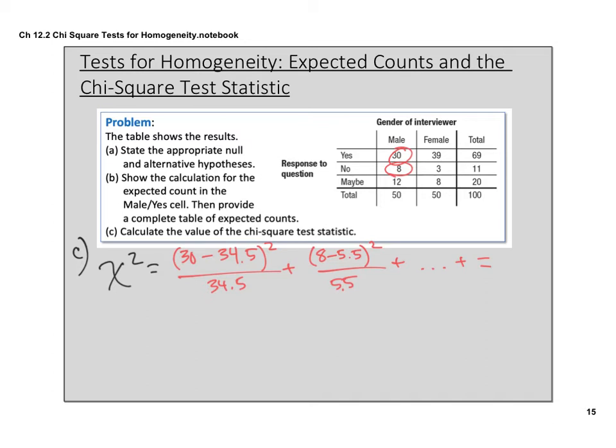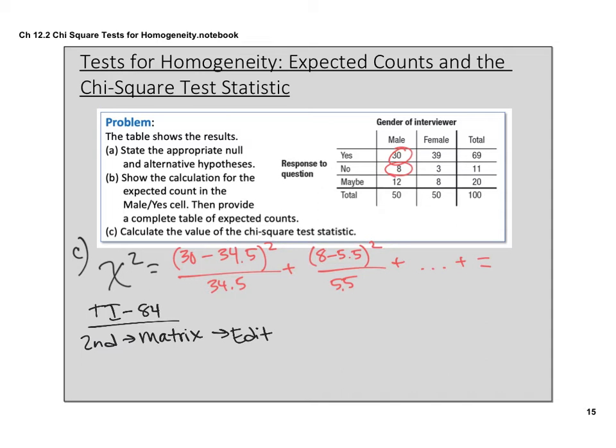So let's look at some calculator keystrokes. On your calculator, this is a TI-84, I want you to hit second and then matrix, which is on the left-hand side, the fourth button down. Then you need to arrow over to edit. So we're not putting this in our stat editor, but we're putting this in a matrix editor, which is going to be really similar to what the stat editor would look like.